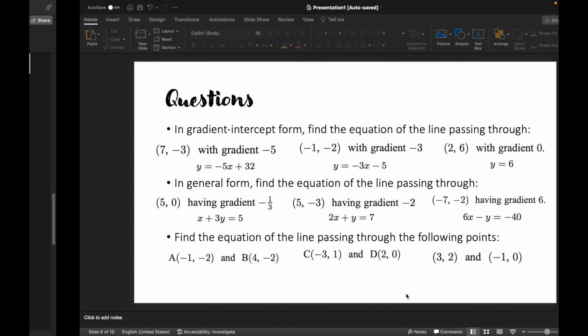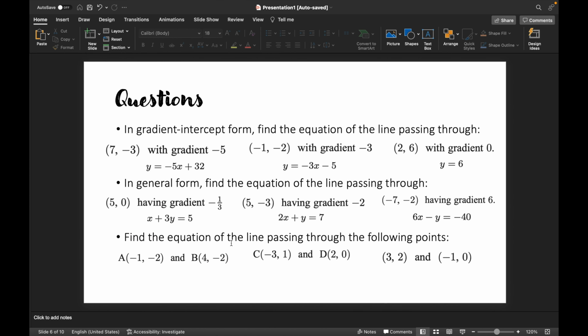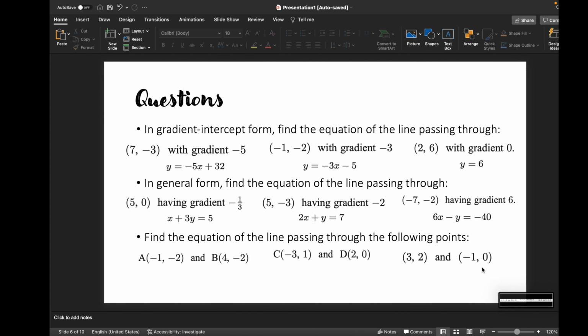Let's solve the last set of questions. So we have to find the equation of the line passing through the following points. So yeah, let's do that.